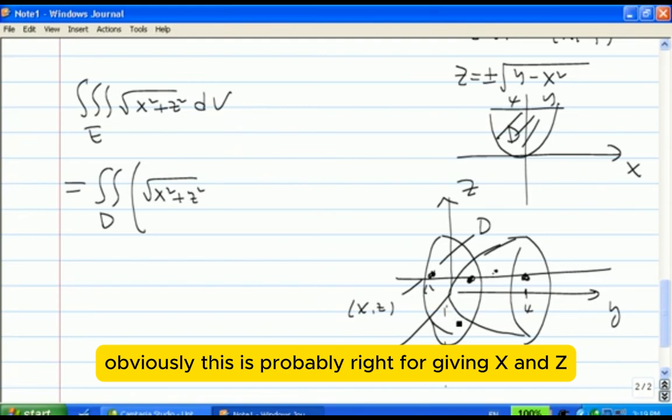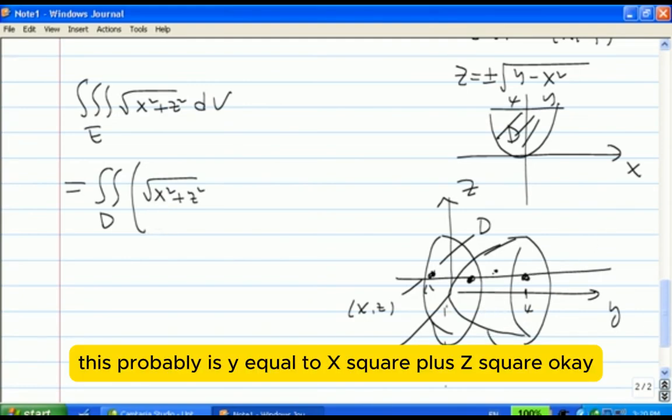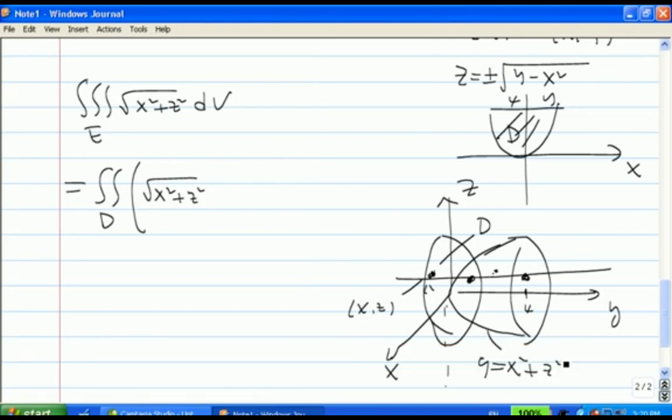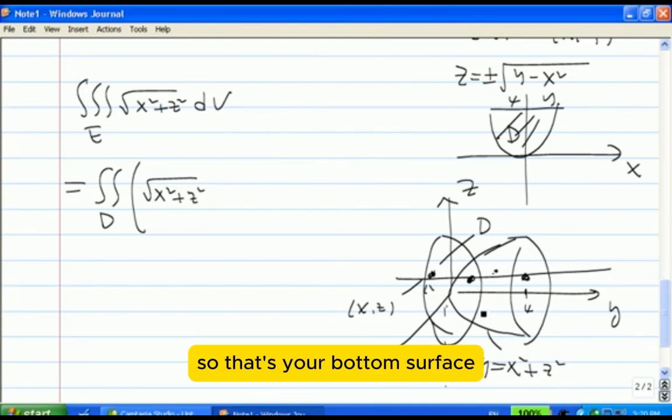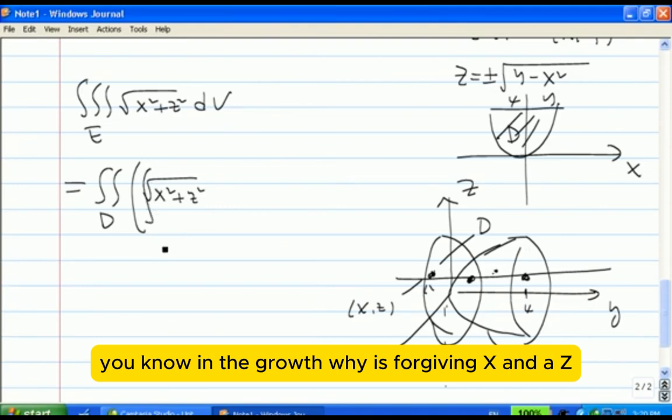So what is this bottom surface? Obviously this is the paraboloid, right? For given xz, your y there is, okay, this paraboloid is y equal to x squared plus z squared. So that's the bottom surface of the integral in y, for given x and z.